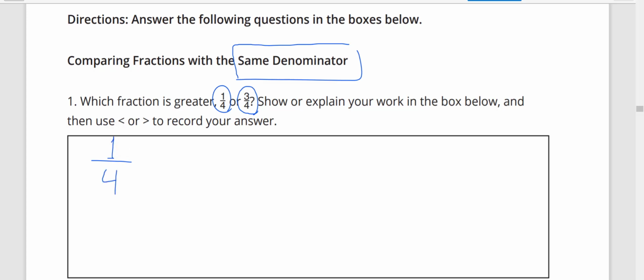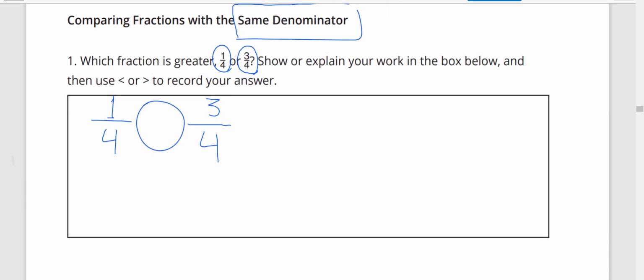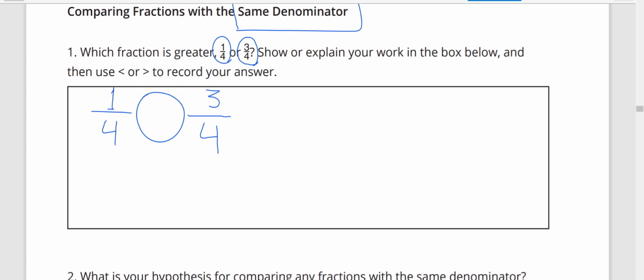First fraction, one fourth, and three fourths. Which is the greater fraction? When we compare two fractions with the same denominator, the one with the greater numerator is the greater fraction.